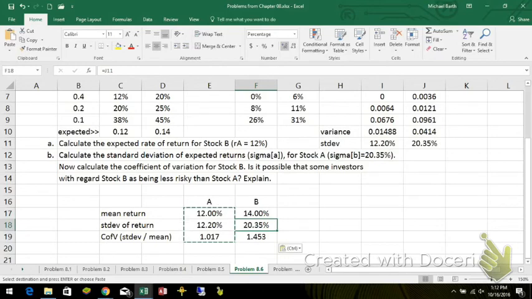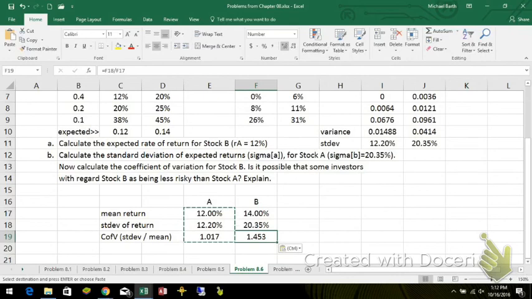Okay, so some investors would think that stock A is less risky because it's got less risk per unit of return. All right, and stock B has a higher expected return, but a lot more risk. So the risk per unit of return, that's the coefficient of variation, on B is much higher.